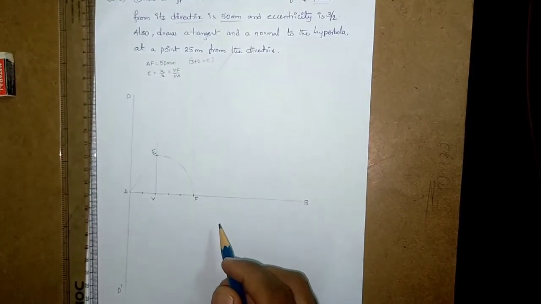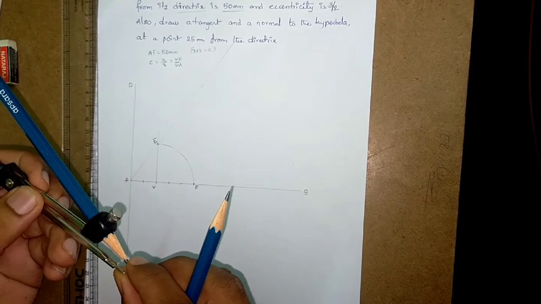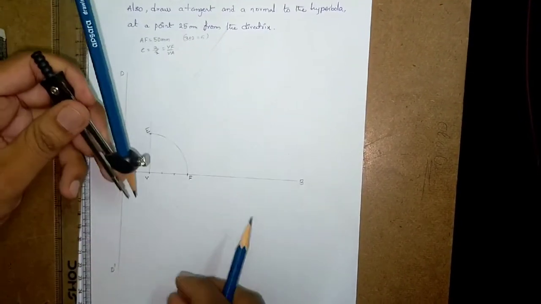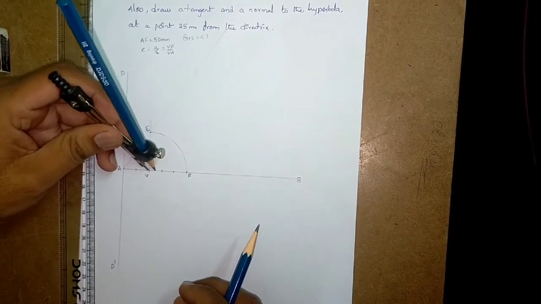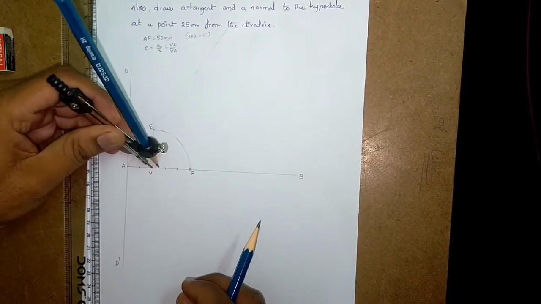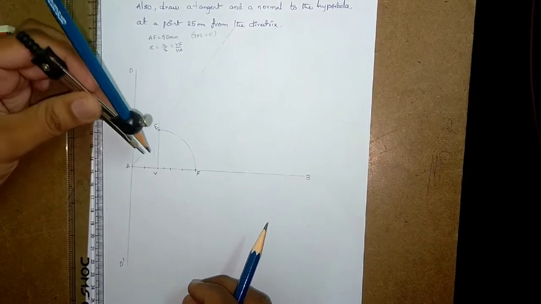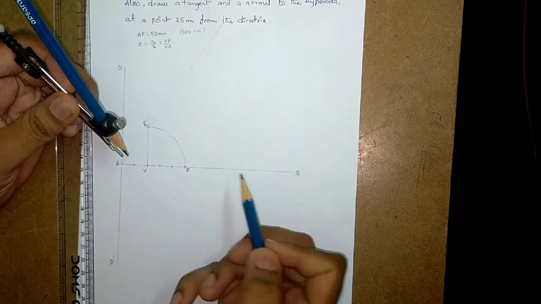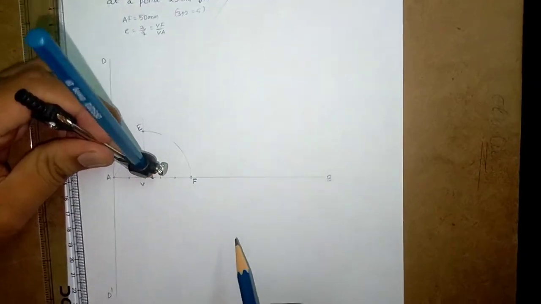Now I am taking a radius of 5 mm. 5 mm or 6 mm is better for a hyperbola. Now mark points 1, 2, 3 and so on along AB, with V as center, cutting the principal axis.